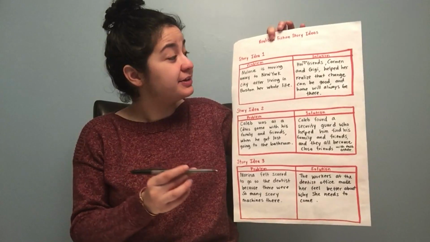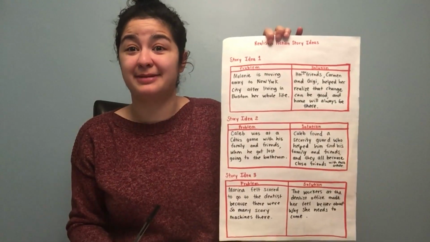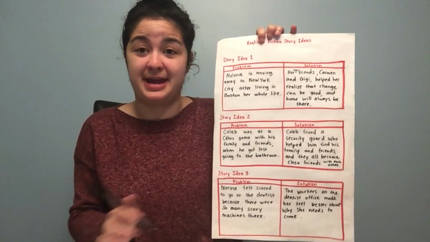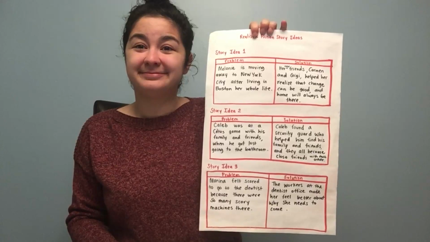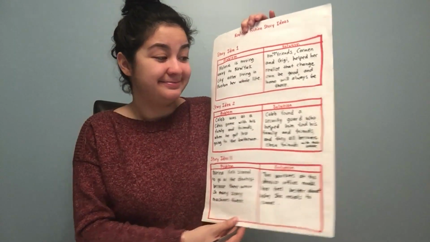So I feel like I can write more in detail about this story. Again, we're writing about things that can actually happen in real life with our made-up characters. So go ahead and choose your problem and your solution, and then come back so we can start our organizer.